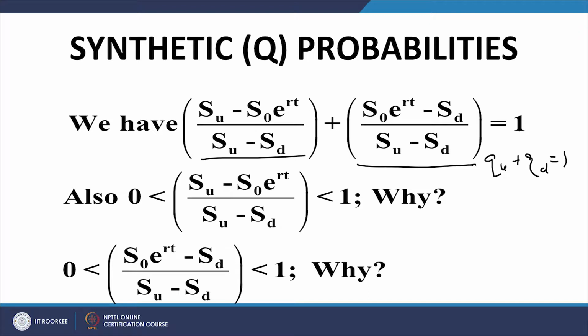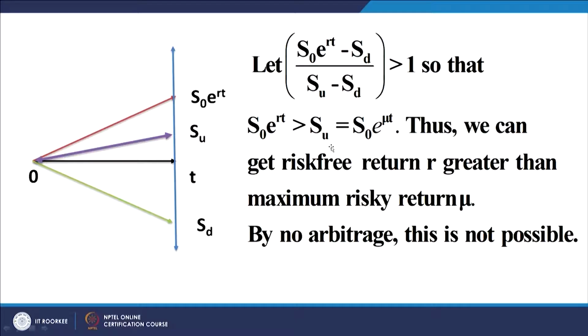The second contention is that both these expressions lie between 0 and 1. That is my argument. Why is it so? Let us start with this one, which I think is qu. So, (S0 e to the power rT minus Sd) over (Su minus Sd) is greater than 1. Let us see why.